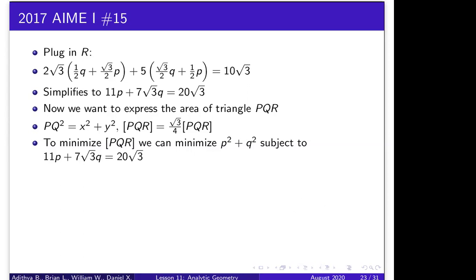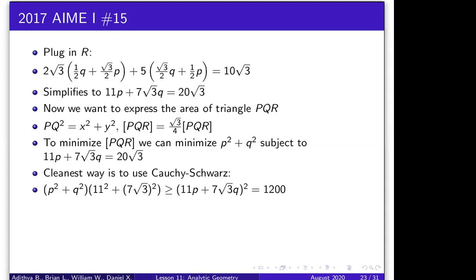Yeah, Cauchy is probably the easiest way to do it, right? So we just set up a Cauchy inequality, and then basically Cauchy just gives us directly what we want, right? We have stuff in terms of P squared plus Q squared on one side and stuff in terms of 11p plus 7 root 3q on the other side, right? So now all that's left to do is just solve for P squared plus Q squared.